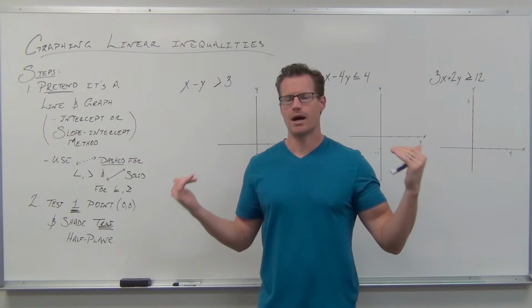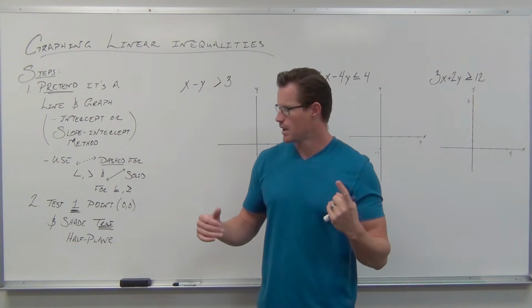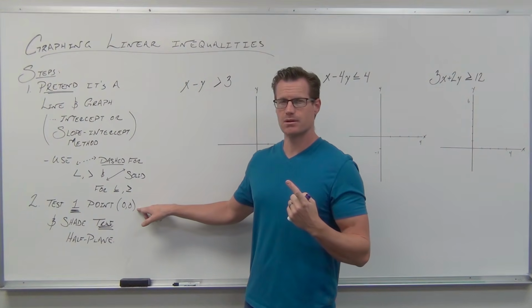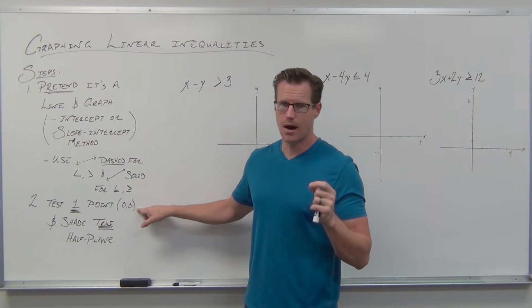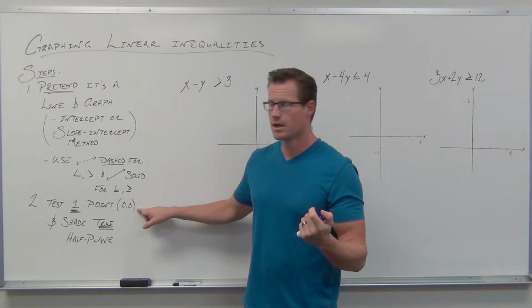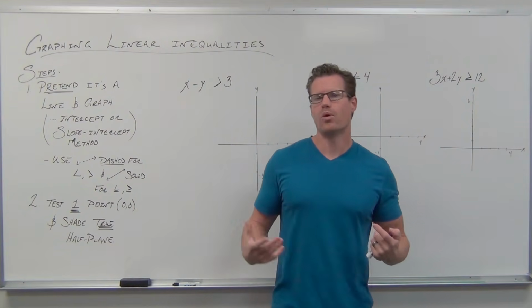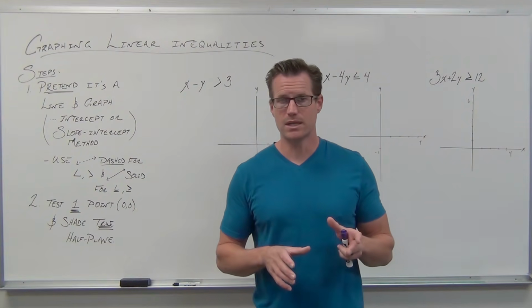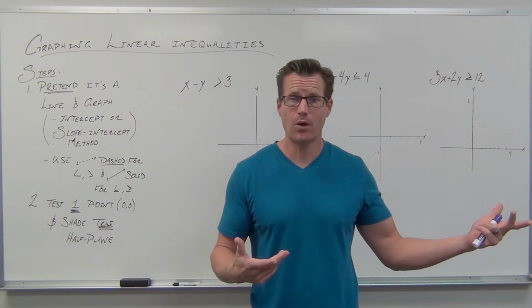So once we have our line, we're going to test one point, just one. I'd like you to use 0, 0, as long as your line is not going through the origin. If it is, you'll have to use a different point, like 0, 1, and I'll show you how to do that. But test one point. If you test one point in your inequality, it's either going to be true or it's going to be false.